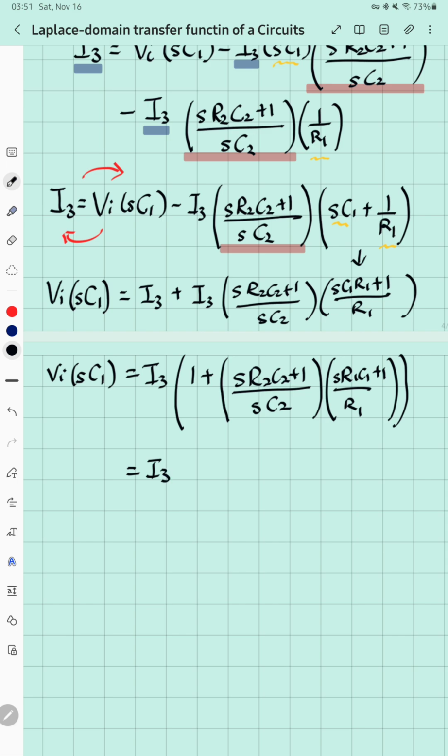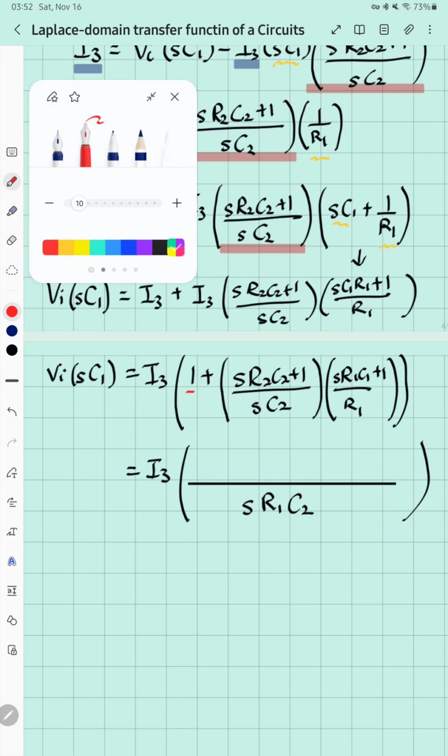Now we want to combine everything. Instead of making one more step, I'm going to go in one step. So I want everything underneath to be SR1C2 because of that one here.